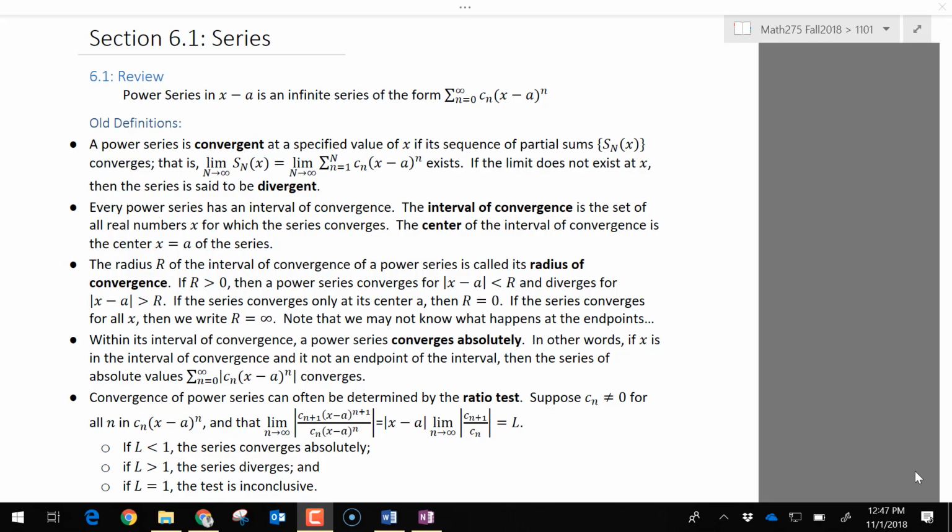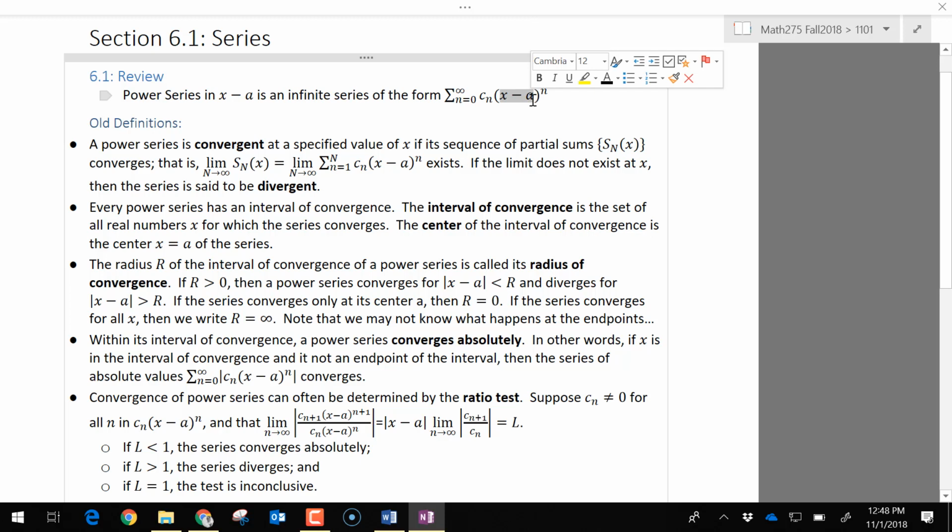So a power series is an infinite polynomial, where a polynomial is just one variable being raised to a power, and then the next power, the next power. So a power series is essentially an infinite polynomial where your variable, or your variable minus a constant, is being raised to a power and then added to another one.